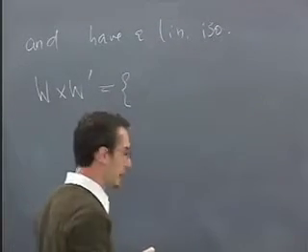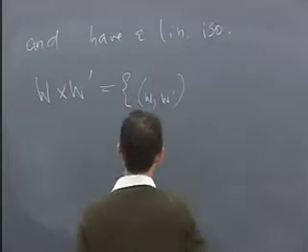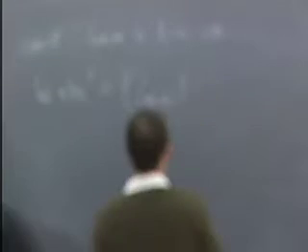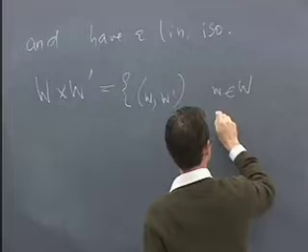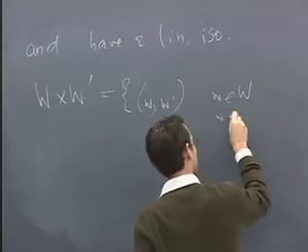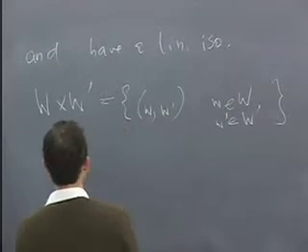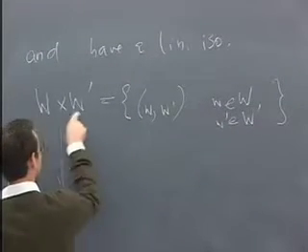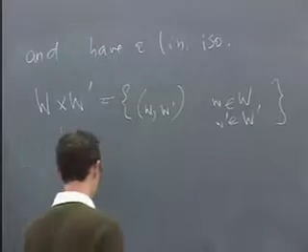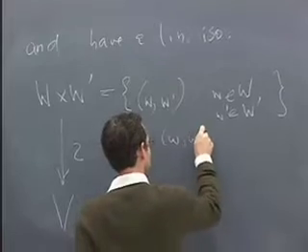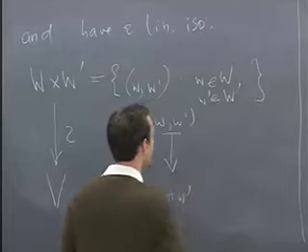Well, this was part of the reading for one of the sections in the last chapter, but just to refresh your memories, this is the set of ordered pairs (w, w prime), where little w ranges over big W, and little w prime ranges over big W prime. There's a linear isomorphism between this product and V, where we just take a pair (w, w prime), and we map it to its sum.